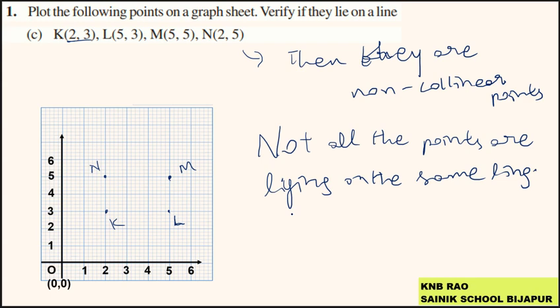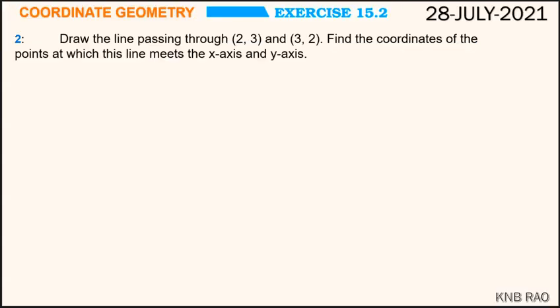Any 2 points definitely will lie on a line, but more than 2, that is, a minimum of 3 or more points lying on the same line, are called collinear points. Here these 4 points are not lying on the same line, so they are non-collinear points. Now coming to the second question, draw a line passing through the points (2, 3) and (3, 2).